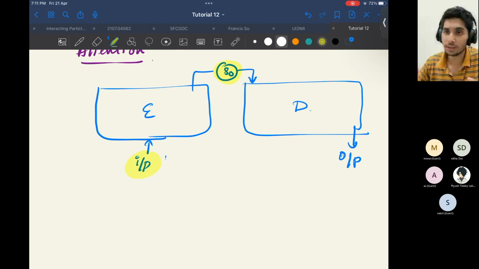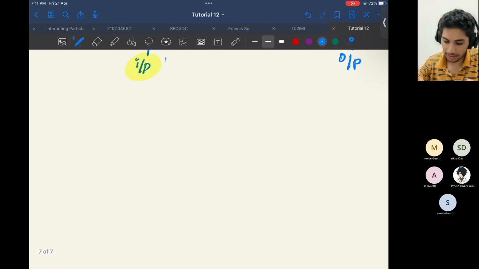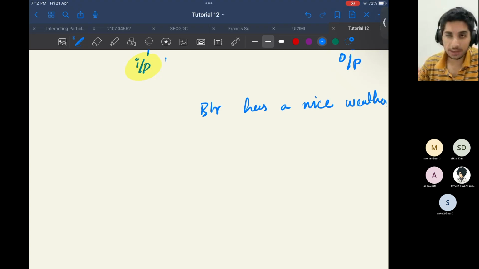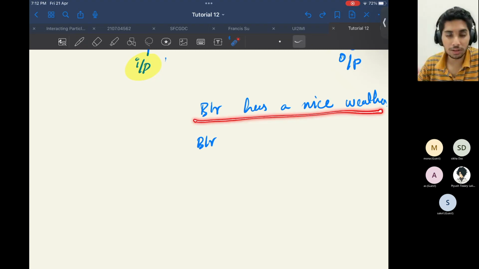If you want to translate a sentence like "Bangalore has a nice weather" into Hindi, the first word will be Bangalore. To decide that the first word is going to be Bangalore, you don't need the entire sentence.